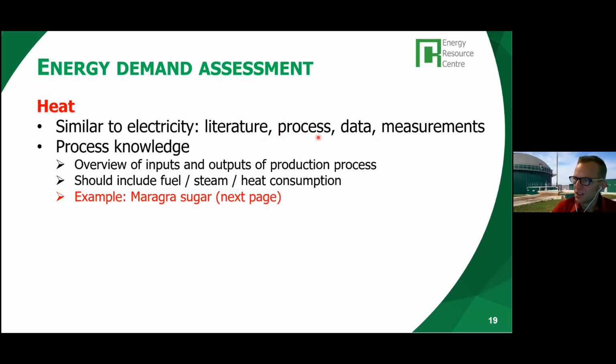Secondly, look at the different processes in the factory and the data that may be available from the company, such as, let's say, fuel consumption, or actual measurement data of the steam production and steam consumption.